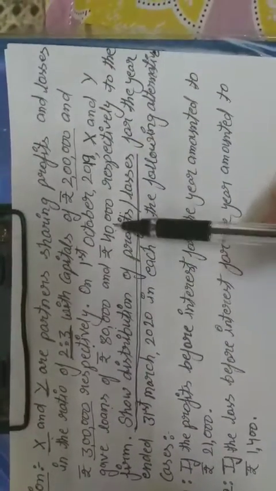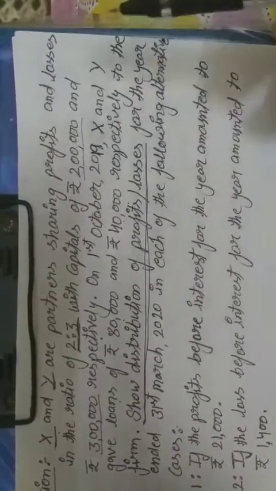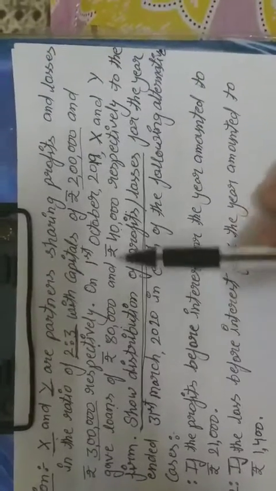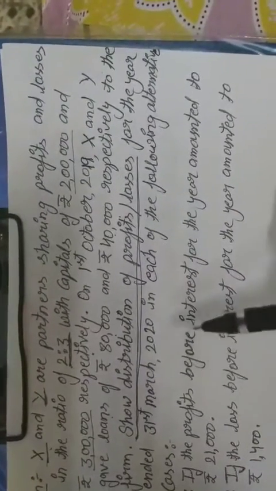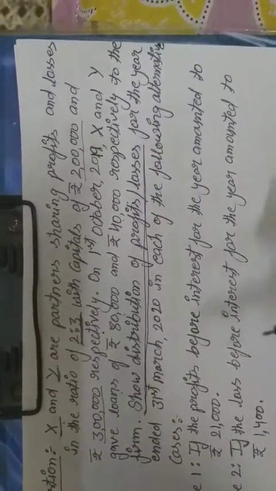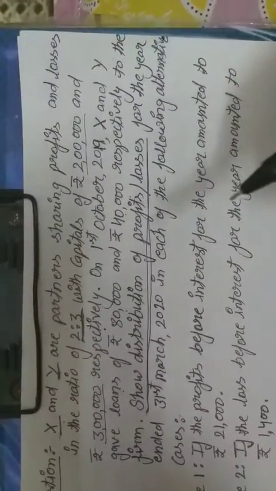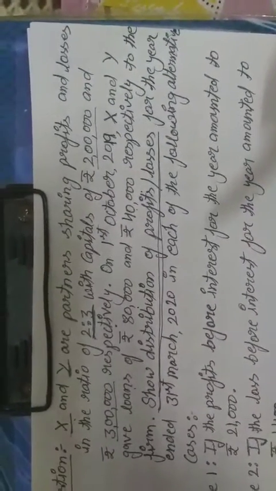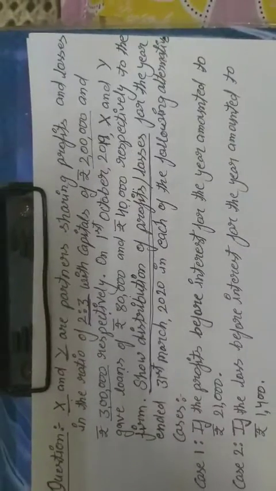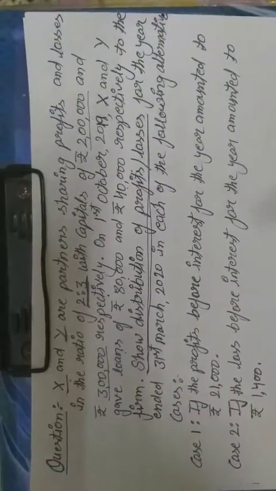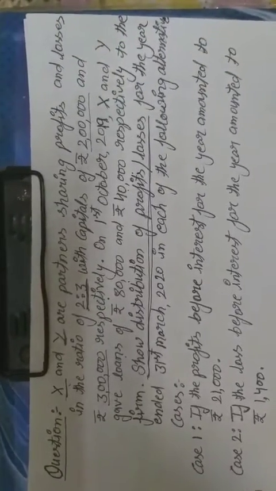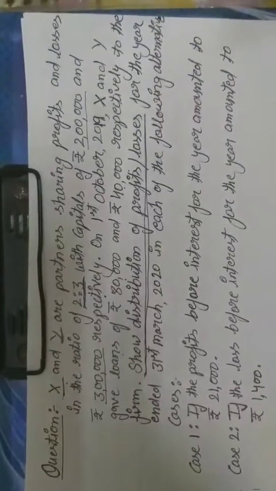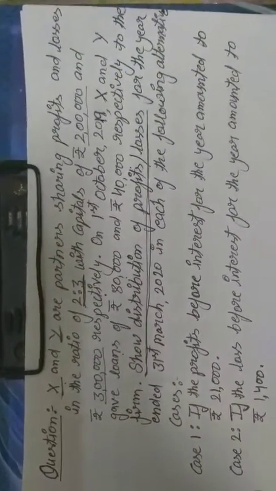On this amount the firm will pay or allow interest on loan to partners. This interest on loan is a term related to the profit and loss account. So we can prepare a profit and loss account, and without preparing the profit and loss account we can also show the distribution of profit. It is not mandatory for us to show the profit and loss account, or we can show the profit and loss appropriation account. We have the options.